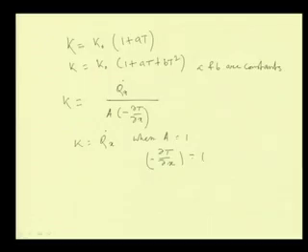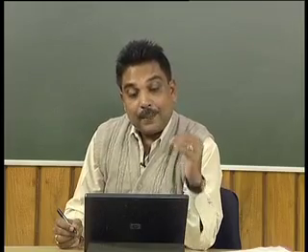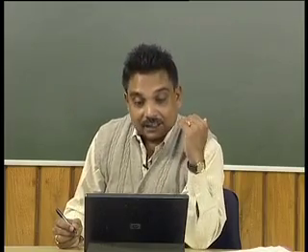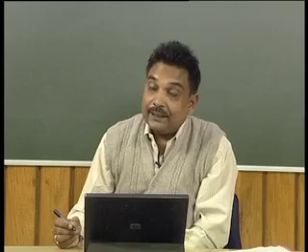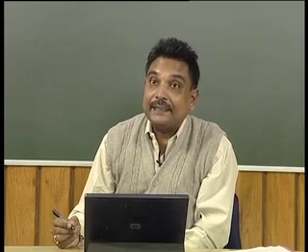It means that K is the rate of heat transfer through an area of 1 or unit area when the temperature difference or the temperature gradient is unity. So, K is indirectly a measure of rate of heat transport that is taking place per unit area when the temperature gradient is maintained unity.